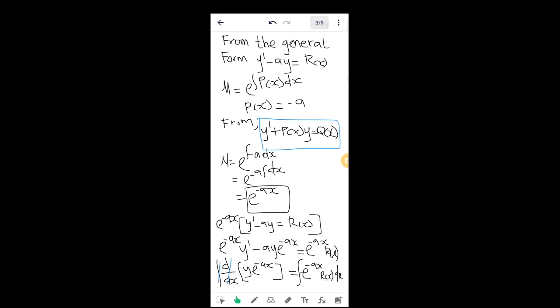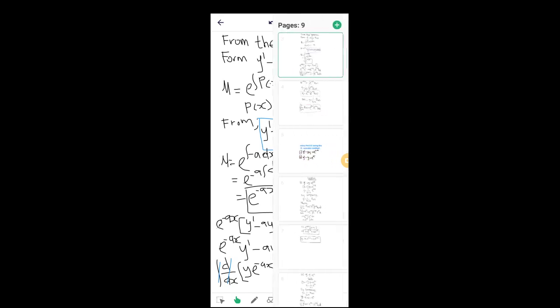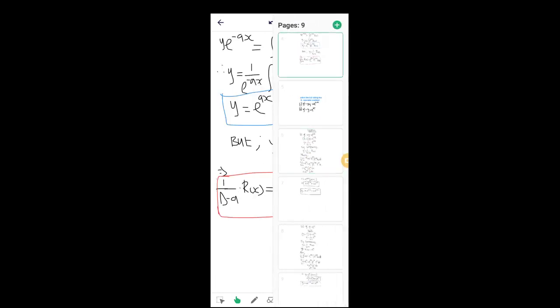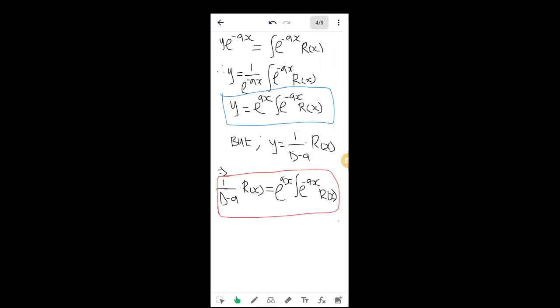Okay, so now the left hand side is left with y e to the power minus ax, and the right hand side is the integral of e to the power minus ax r of x. Here I'm trying to make y the subject, so I'll divide through by e to the power minus ax.